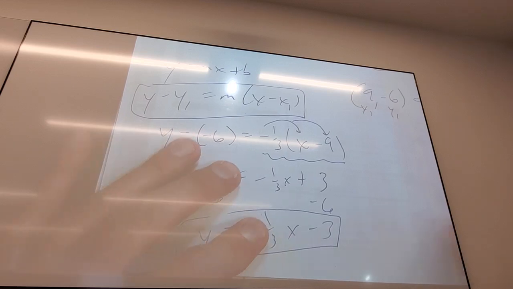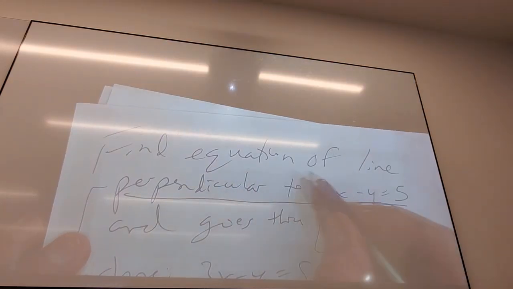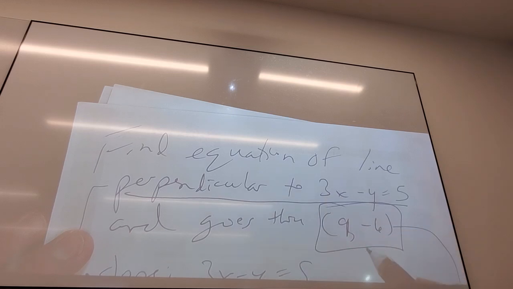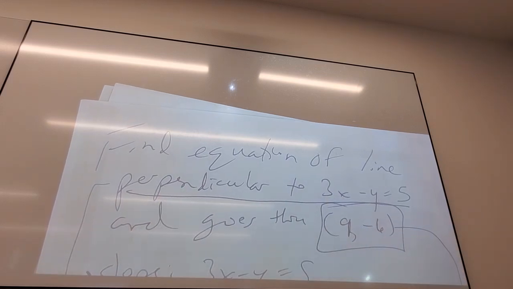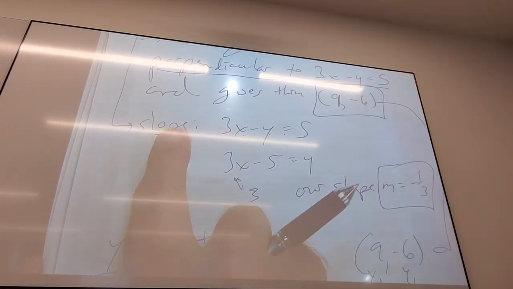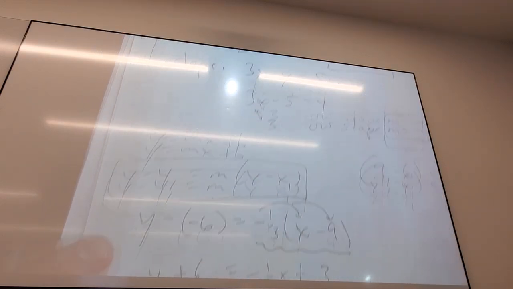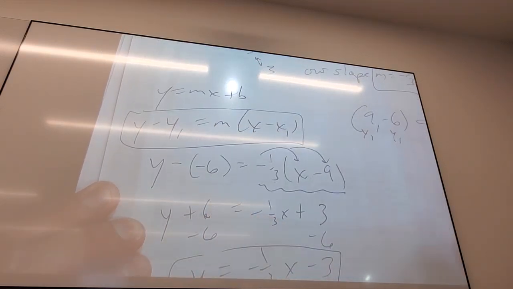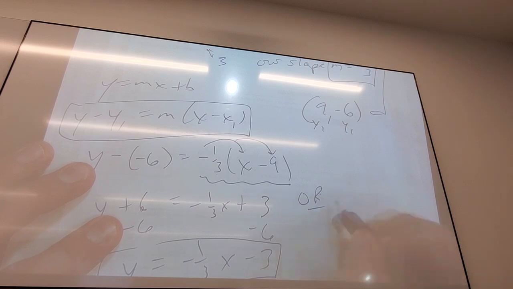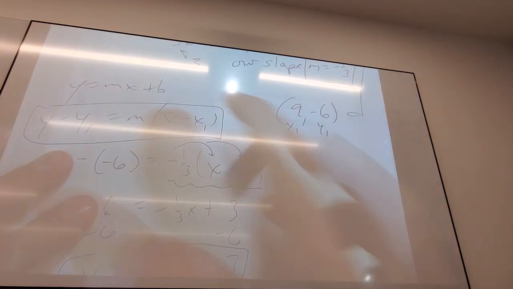So again, if you ever see me say, find the equation of the line that, it doesn't matter what information I give you, you have to figure out the slope and a point. Once you have those two things, you can do this. Or you can just plug into mx plus b, right?